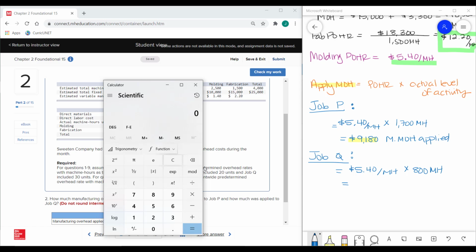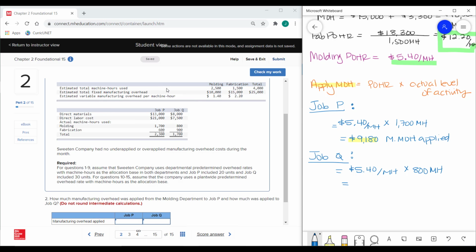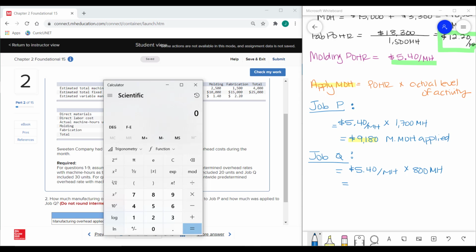And our estimate, again, is that for every machine hour used within the molding department, it's costing about $5.40 in overall manufacturing overhead. So we'll take that $5.40 times 800 machine hours. It gives us $4,320 of the molding department's manufacturing overhead to be applied to job Q.